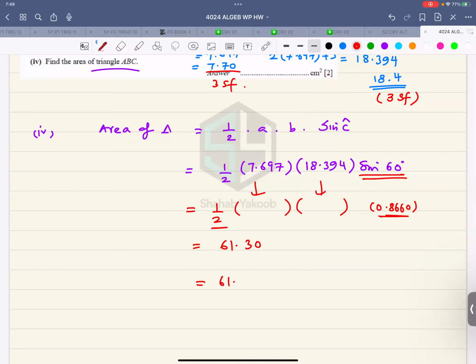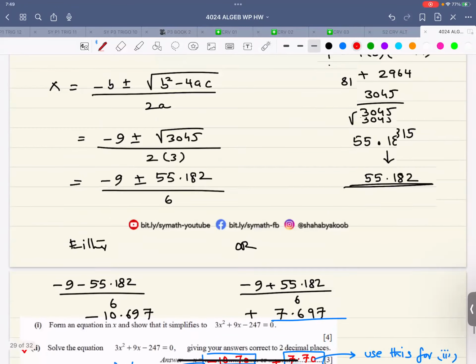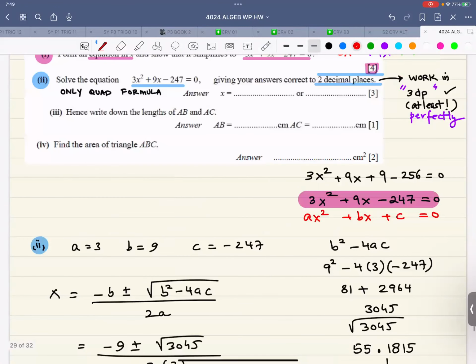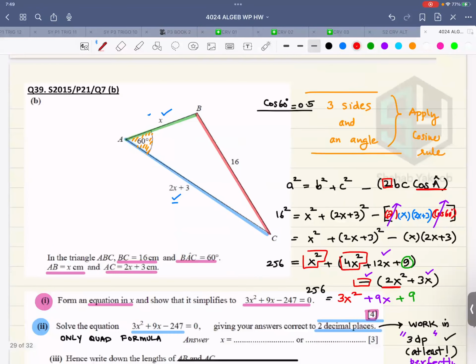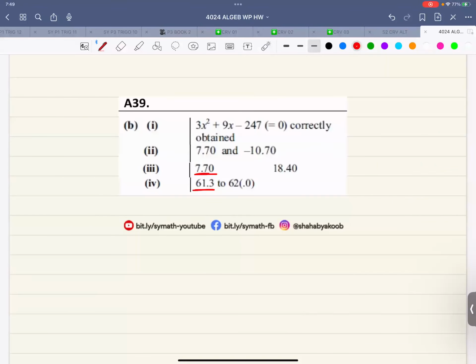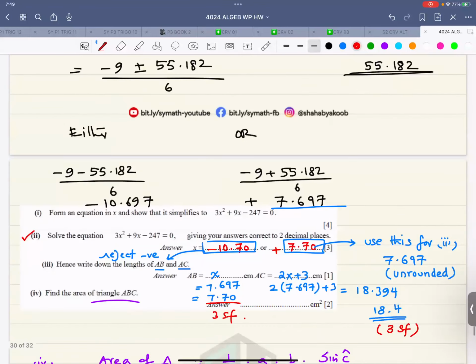So let me write this as 61.3 centimeters squared. So that was basic trigonometry, use of cosine rule, use of a formula, and let's double check the working. So therefore, this is 61.3, that is 7.70, that is 18.4. These two values were also obtained, and this equation was also obtained, and that is how this question is completed.